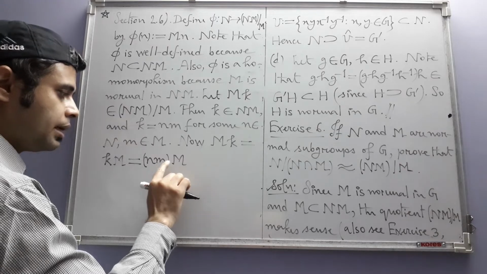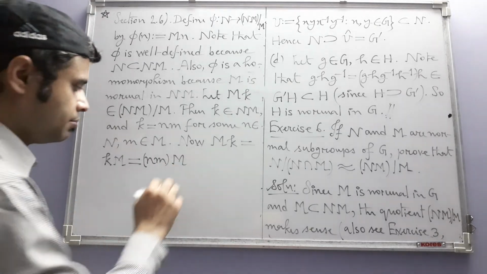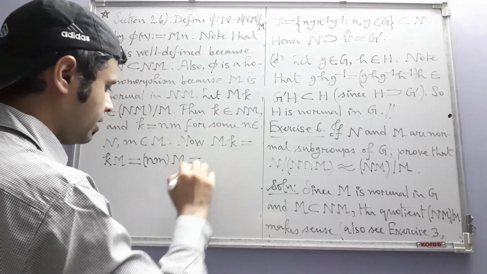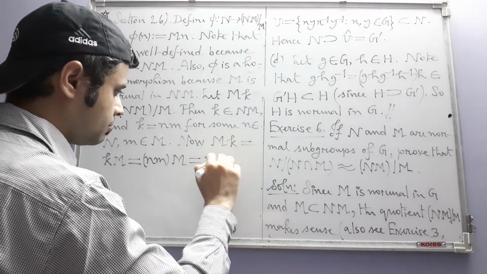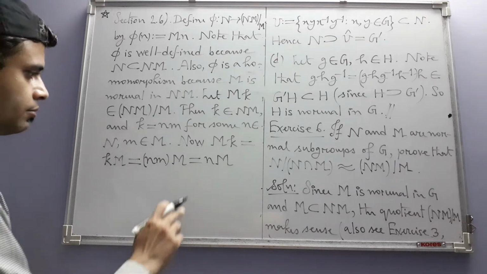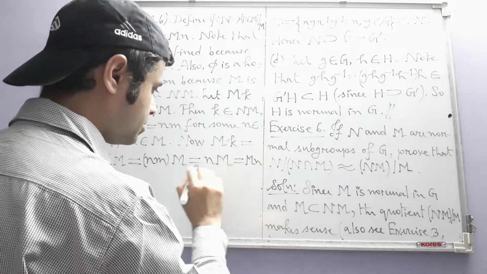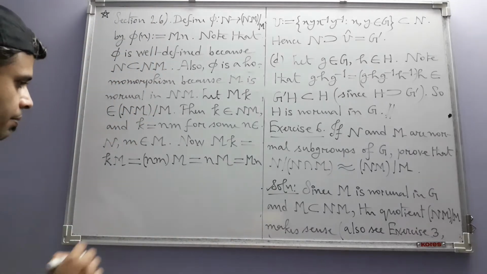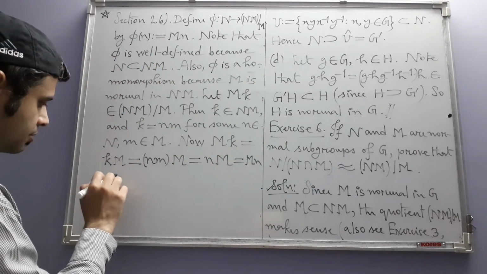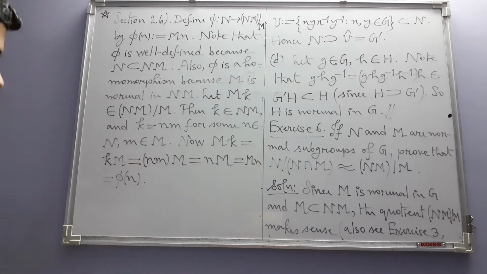Now since this m is in M, it will vanish inside M and we will have nM, which can also be written as Mn because M is normal, and this becomes equal to phi of n.